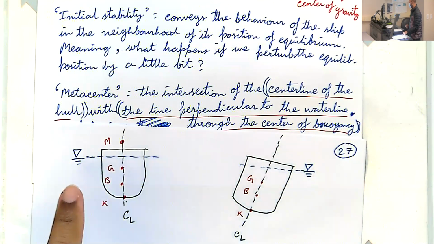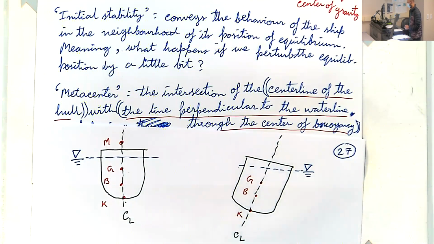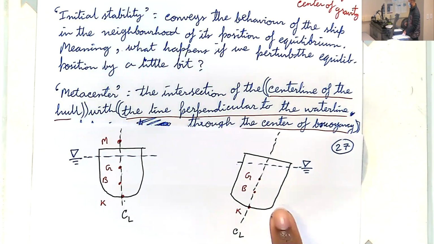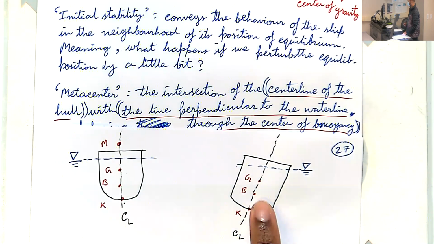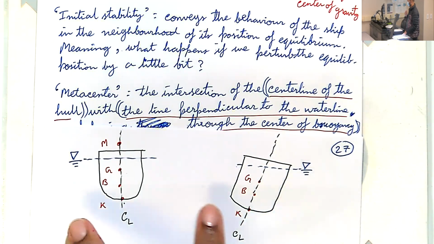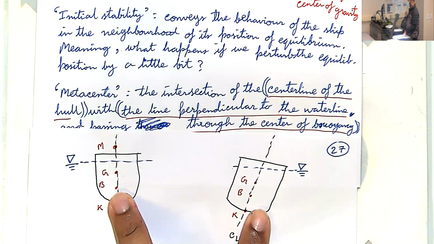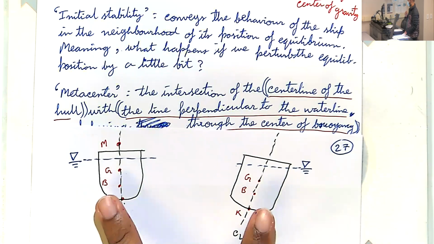Why does the volume not change? The volume of the submerged part of the hull. Okay, so others, do you see why volume won't change? The submerged volume is the same between these two cases.